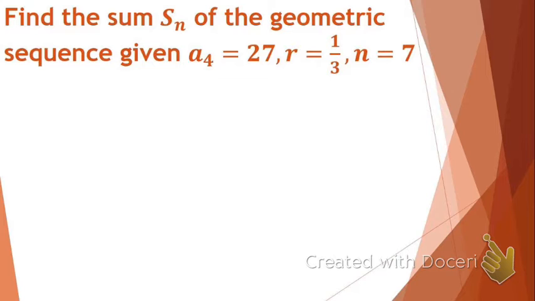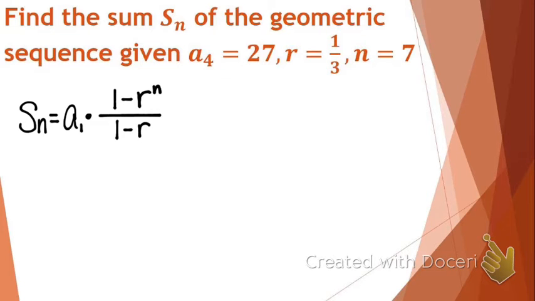So I want to find the sum of n terms of the geometric sequence, given that a sub 4 is 27, r is 1/3, and n is 7. How many terms are we adding? Seven terms.